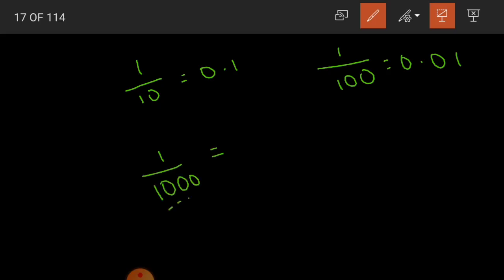Again, here the denominator is a 4-digit number. So we have to write the numerator also as a 4-digit number. Write 1 here, and for the remaining 3 digits we will place our zeros. Yes, 0001 is nothing but 1 only, that is the numerator.